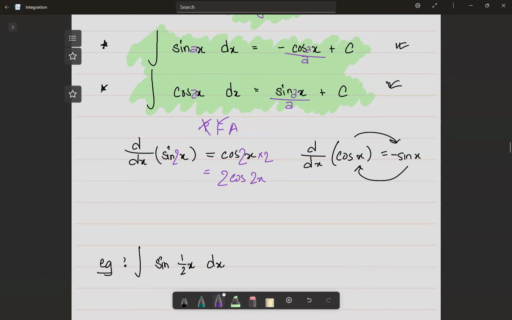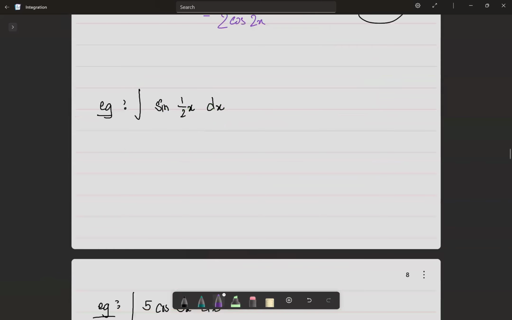In this same manner, in this example we have sine of half x. Integration of sine of half x: we know that differentiation of sine is cos, so integration of sine is minus cos. So it should be minus cos half x as the angle, and then the coefficient of x in the angle is half, so divided by half, and then you will have a plus c in here.